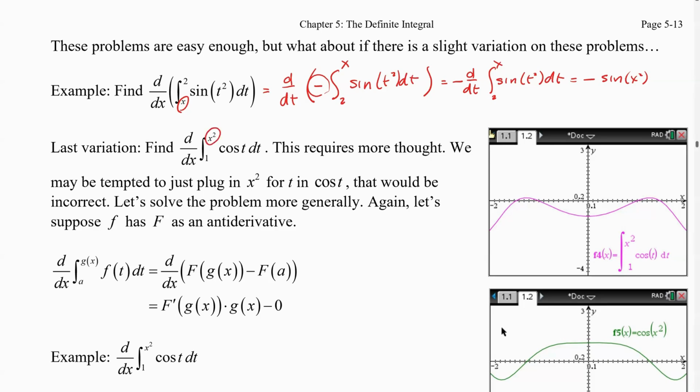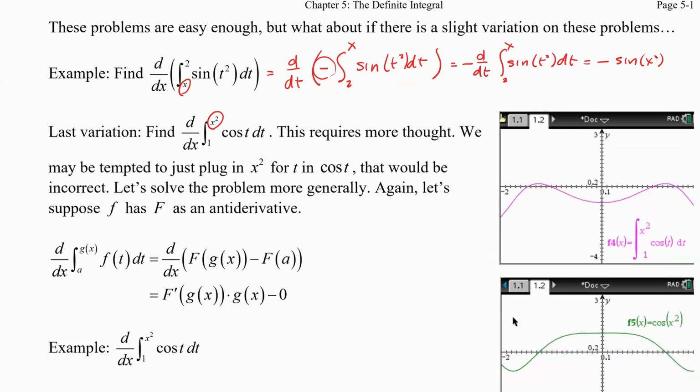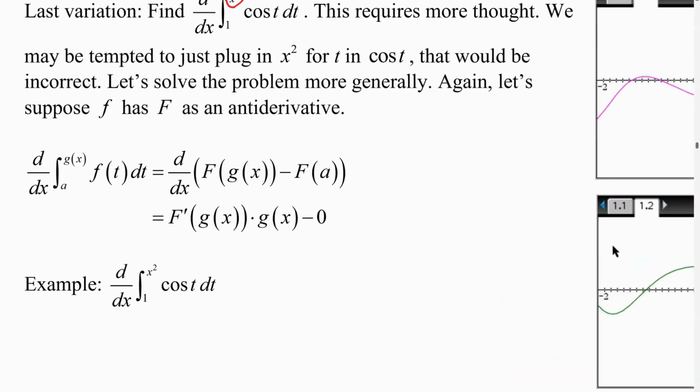Now, the last variation. What if the limit of integration isn't x, but some function of x? Now, this requires a little thought. Let's walk this through. I want you to imagine generically that the upper bound of integration is now a function of x.